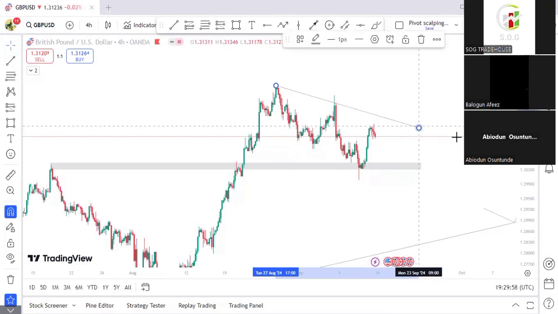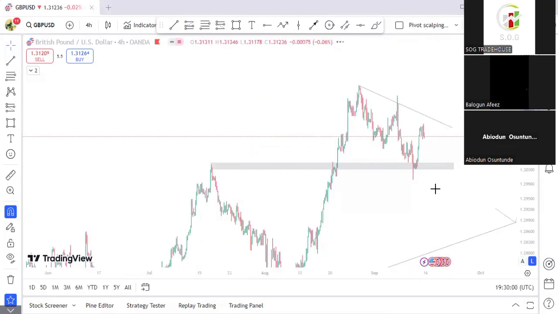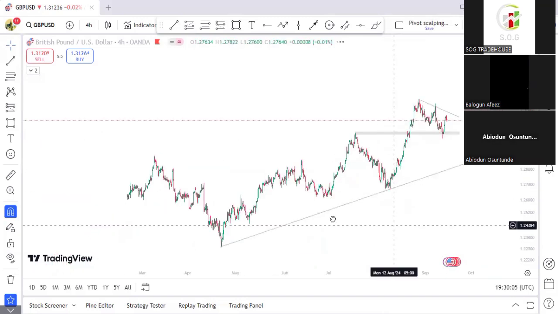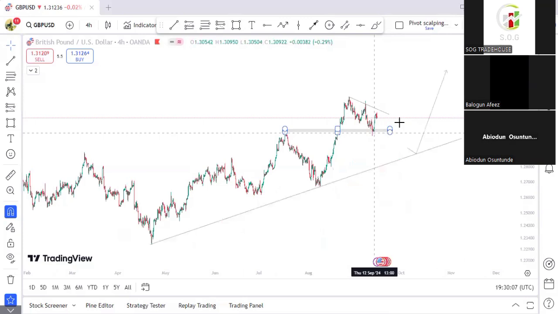So on GBPUSD, what are we anticipating? You can see GBPUSD is respecting this level of support over here.